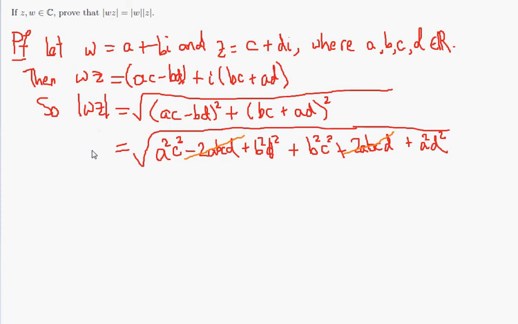So on the next line, let me get the a squared terms together. I have a squared c squared plus a squared d squared, so that's a squared times c squared plus d squared.